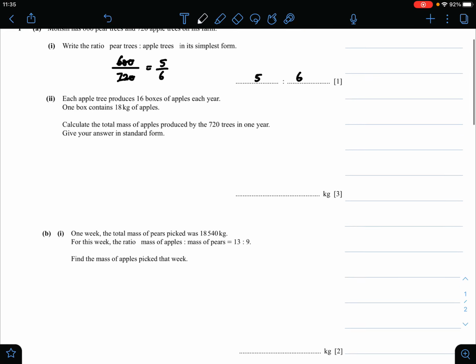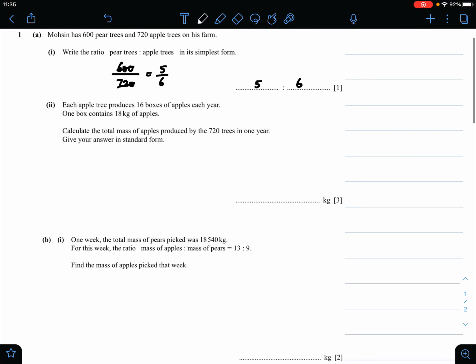5:6 in that ratio. Now let's move to part A2, where they are asking you to calculate the total mass of the apples produced by 720 trees. Now they are telling us that each apple tree produces 16 boxes of apples.